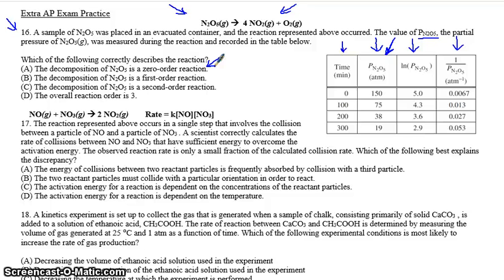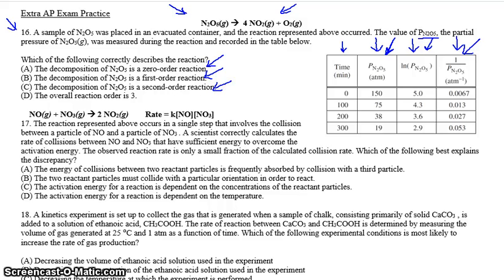Just memorize that if it's a straight line to begin with, it's zero order. If the natural log gives you a straight line, it's first order. If the inverse gives you a straight line, it's second order. And if none of them give you a straight line, it may be third order, and so forth.